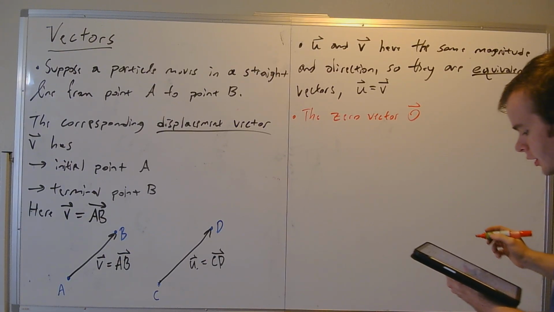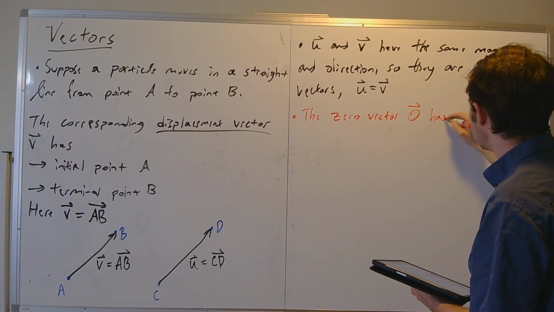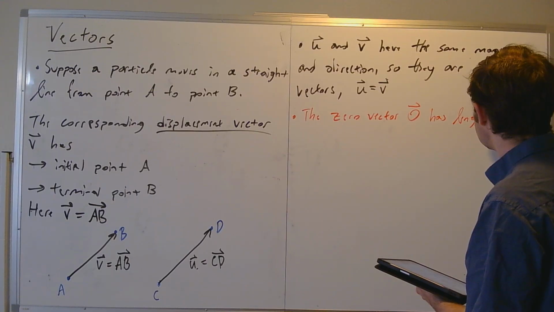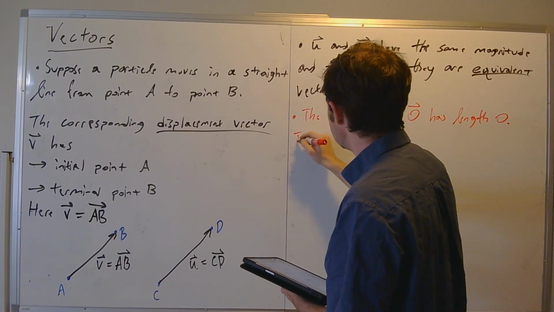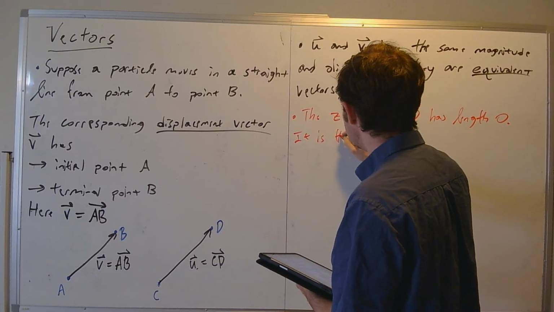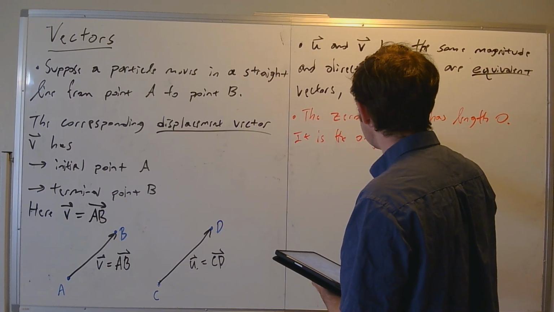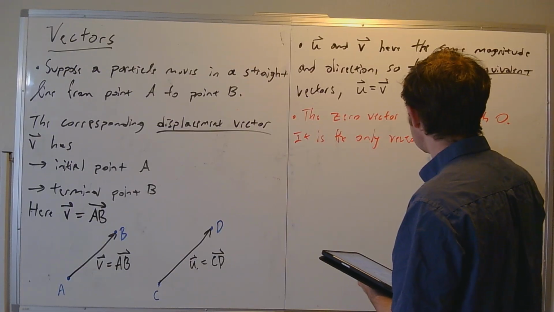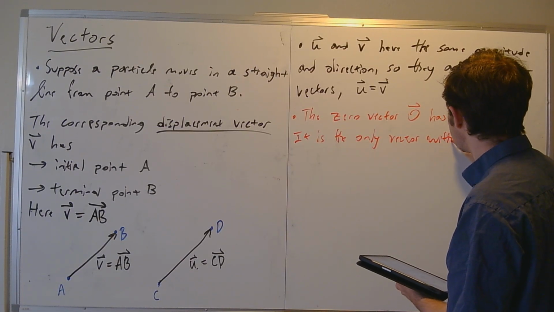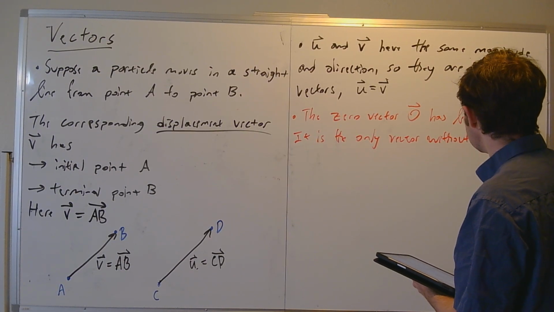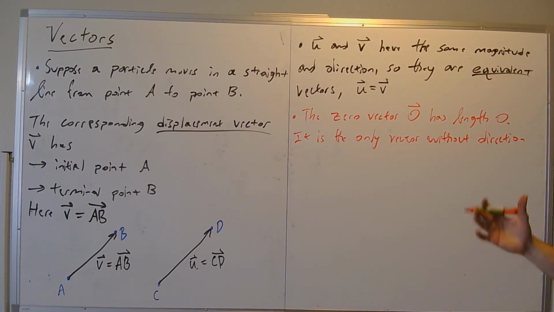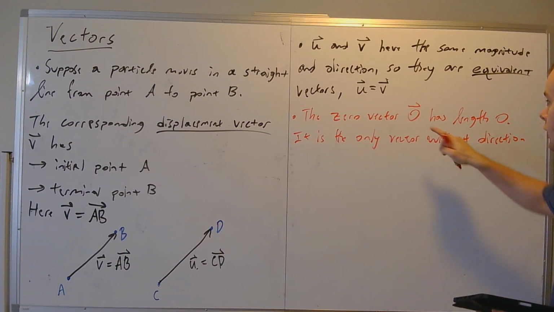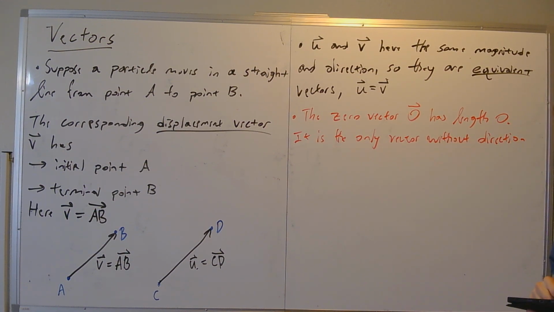That's going to be the zero vector has length 0, and it is the only vector without direction. Right, so if you look at a vector, we said it has to have both length and direction. The only exception is for this zero vector here.